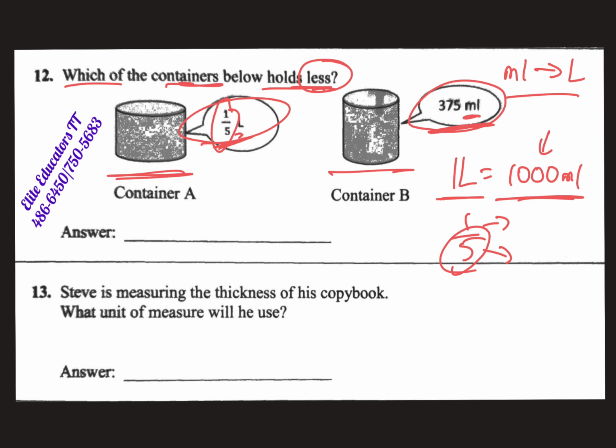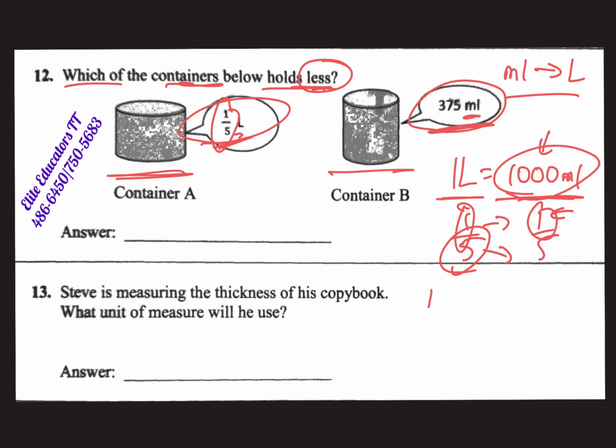The 5 is essentially how much we divide it equally into, and the 1 is how many parts we have. So if we have a pizza and we divide it into 5 equal parts, 1/5 would be equal to 1 slice out of those 5 slices. So we have to divide this 1000 ml into 5 equal parts, and we would have 1 of those equal parts as 1/5. So how do we do that?